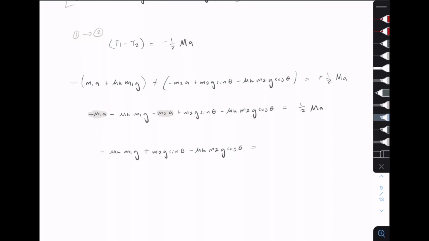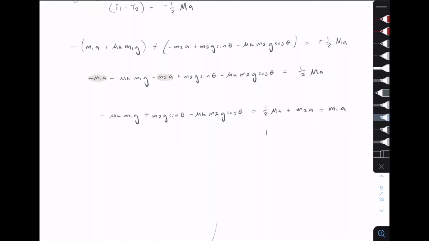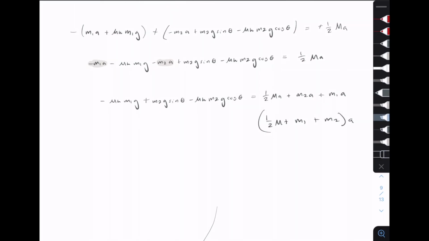Then it's going to be equal to 1/2 MA plus M2A plus M1A. So 1/2 M plus M1 plus M2, multiplied by A, is equal to everything else on this side.